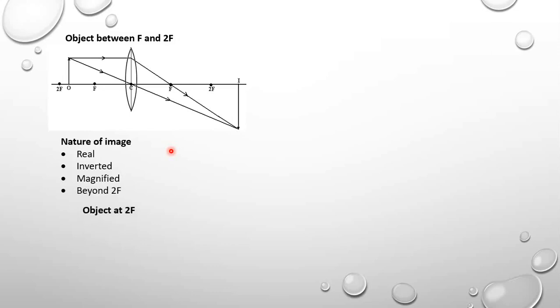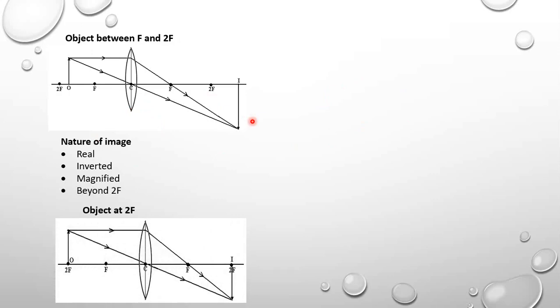Let's also look at the case when the object is at 2F. When the object is at 2F, a ray parallel to the principal axis is refracted through the principal focus.